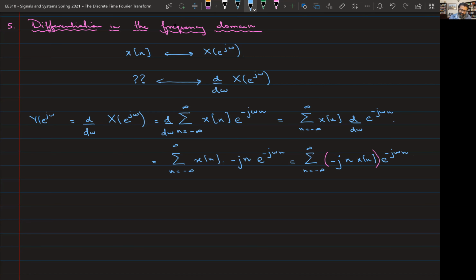And this Y of e raised to j omega is actually the Fourier transform of whatever is inside these pink brackets here, which is y of n. Consequently, I can conclude that the Fourier transform of minus j times n times x of n is equal to the derivative of X of e raised to j omega with respect to omega.